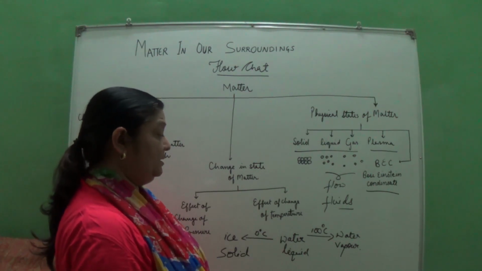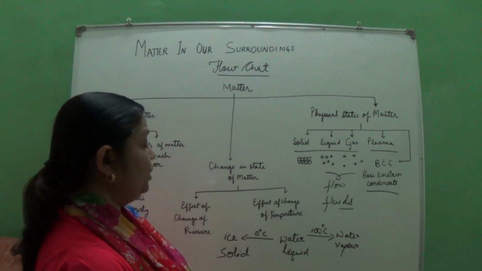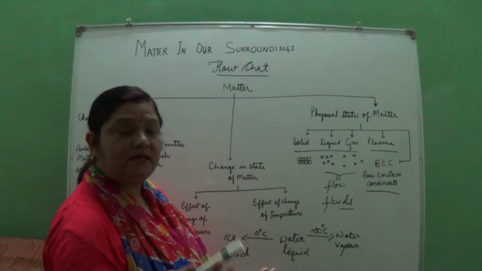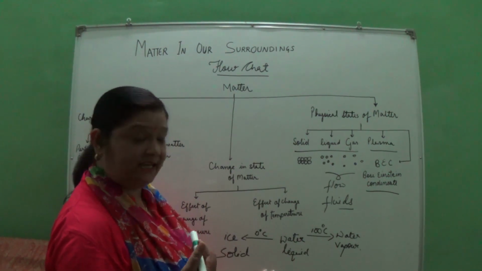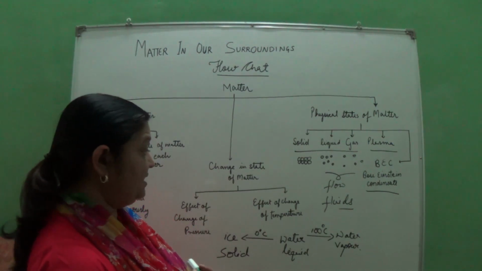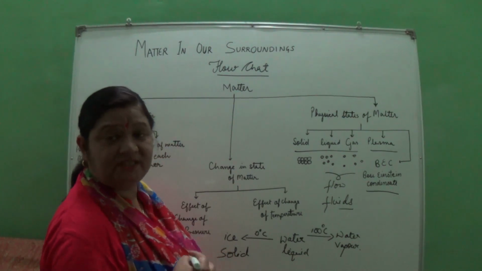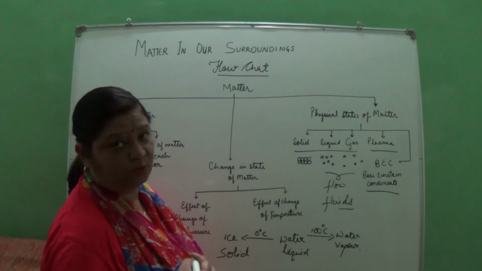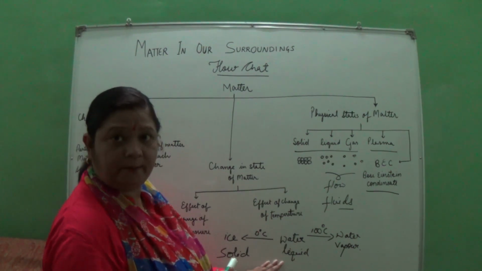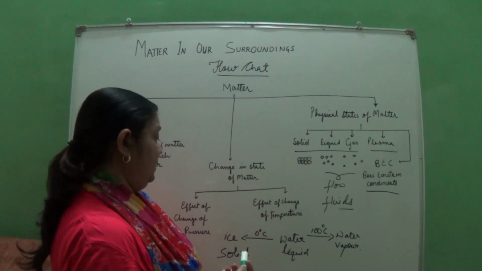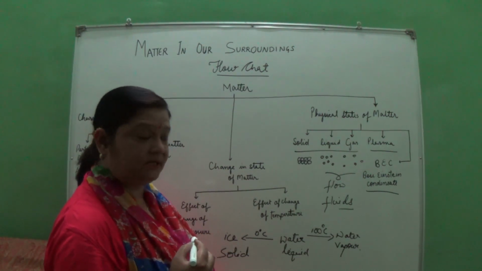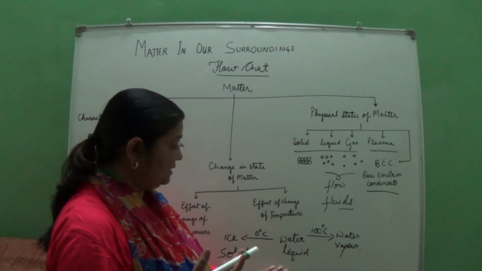Actually, the energy is being utilized to change the solid state of water into the liquid state, and this energy is in hidden form. So I said it is known as what? Latent heat, the latent heat of fusion. How much energy is used to convert 1 kg of ice into water? So here the ice is being converted into water, but we can't see the temperature changing in the thermometer. That happens in the case of what?